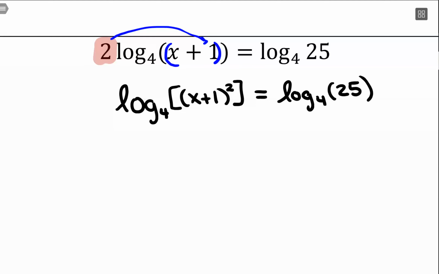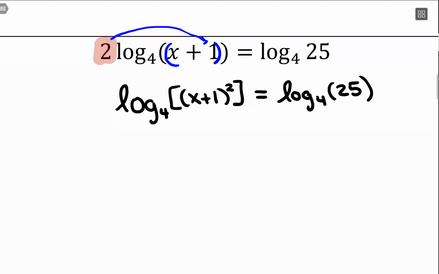So now that I have logarithm base 4 equals logarithm base 4, this logarithm base 4 piece kind of cancels out because it's having the same exact operation on both sides of the equation. So what this equation really comes down to is what's inside of the logarithm has to be exactly the same for this to balance.